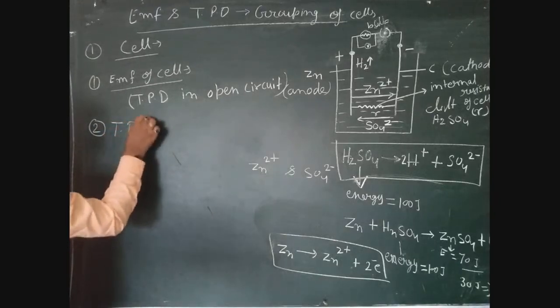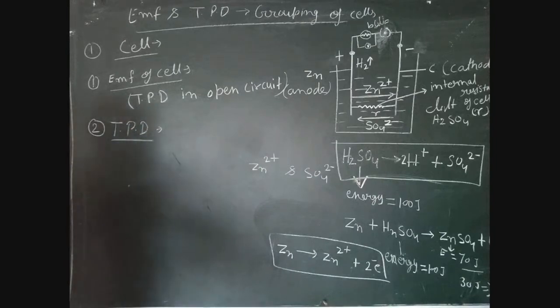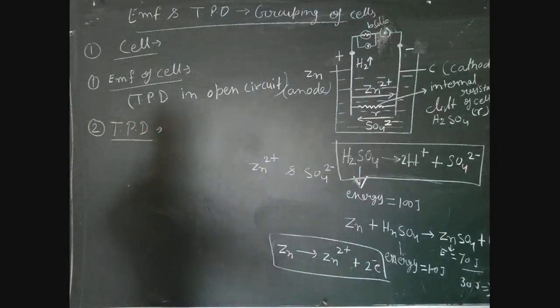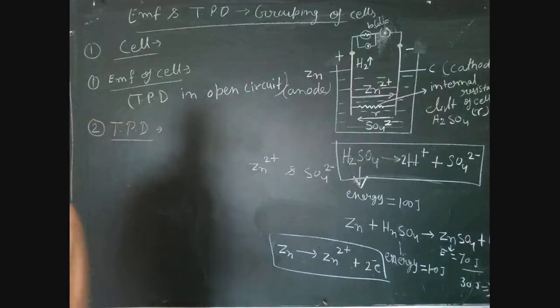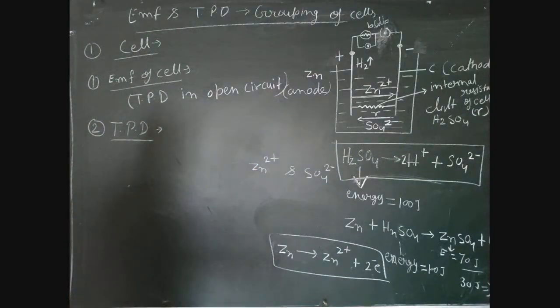Terminal potential difference. Terminal potential difference of a cell is defined as the potential difference between the two electrodes of the cell when current is drawn from the cell.